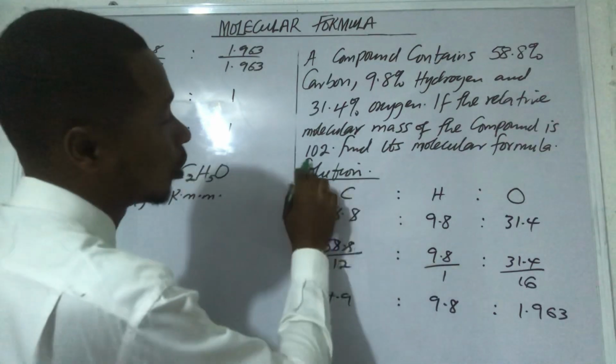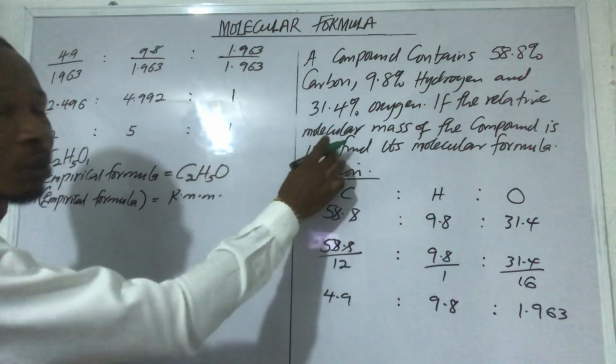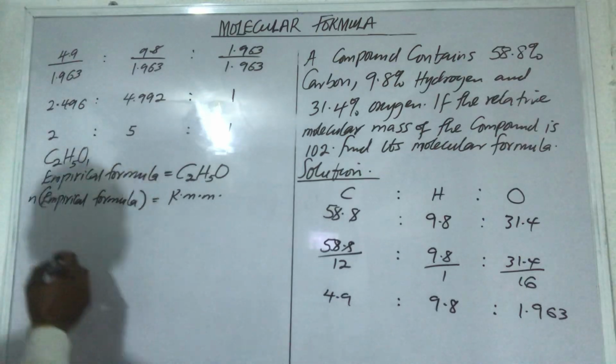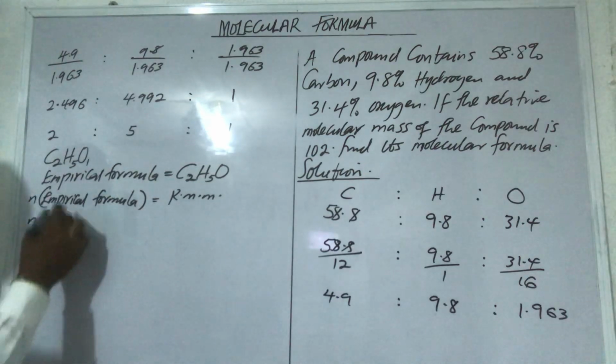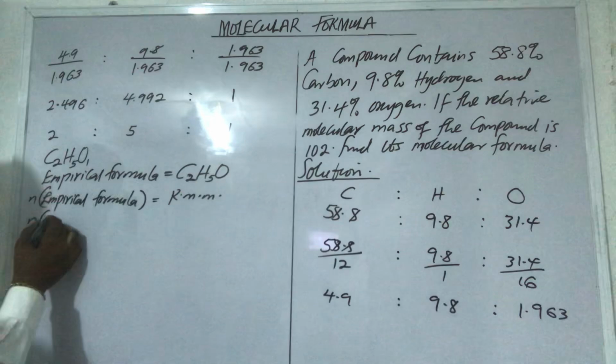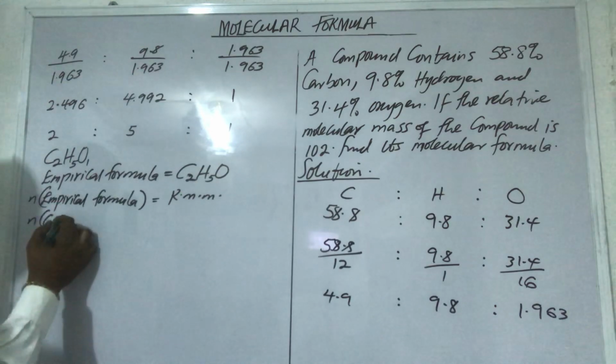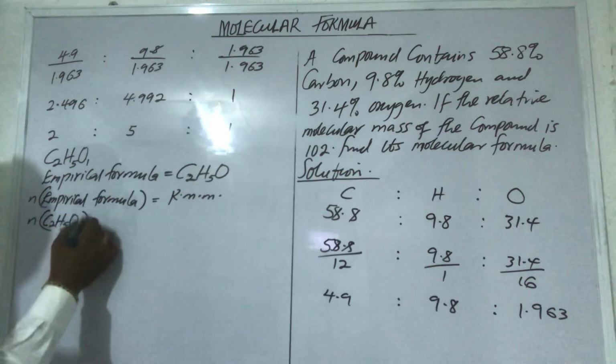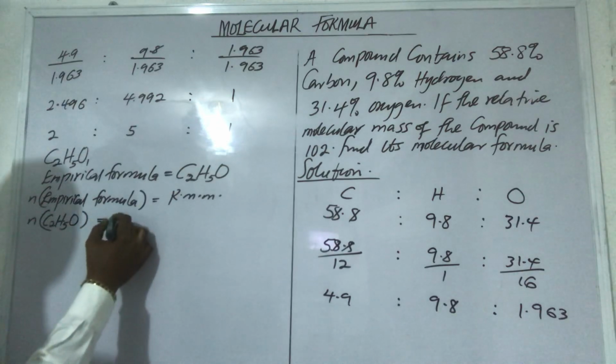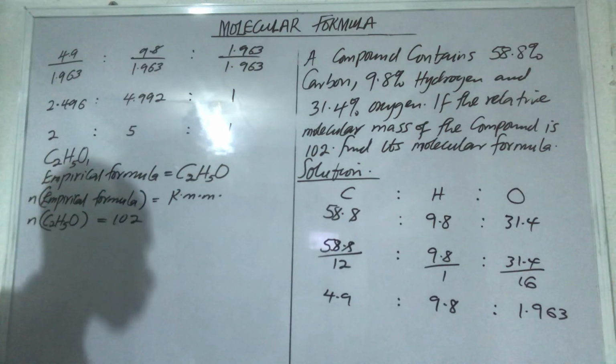We are given the relative molecular mass of the compound as 102. So in this case, I will have N into bracket, C2H5O, is equal to 102.